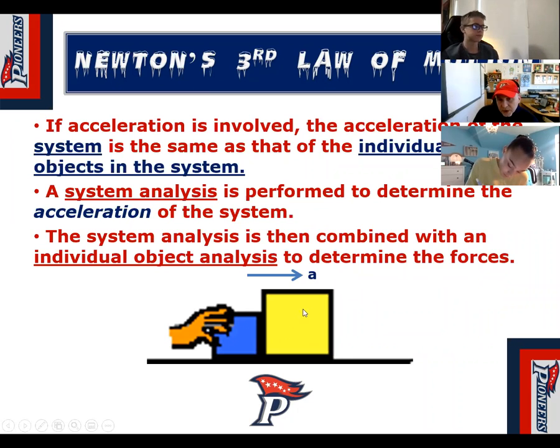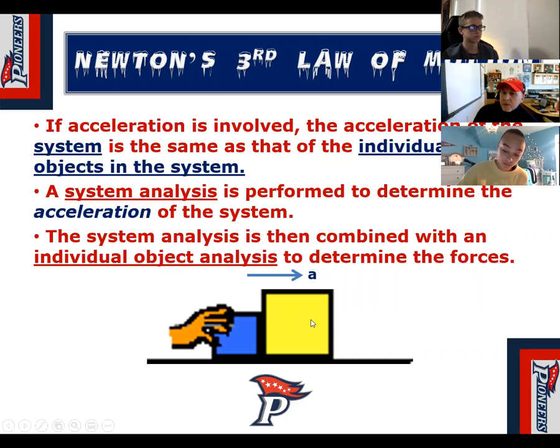The blue box then pushes into the yellow box to the right. Right where these two things are in contact, there's a contact force, a Newton's third law pair. The blue box pushes to the right, the yellow box pushes back to the left on the blue box. So there's that contact force here.